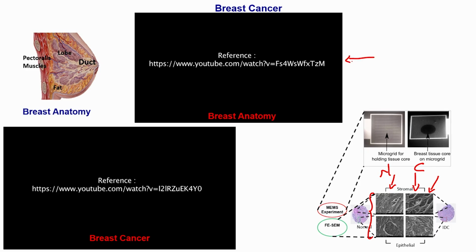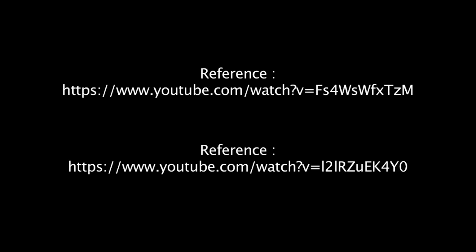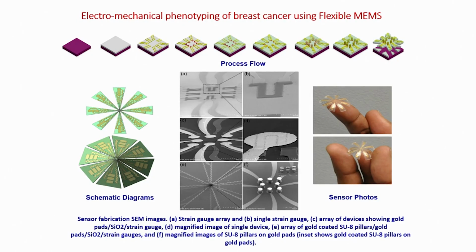So, the video here is about the breast anatomy, while the second video will show you what exactly breast cancer means and what are the stages of breast cancer. As we can see from the video, right, breast cancer has different stages, and at a certain point we can understand whether it is invasive or non-invasive type of cancer, right.